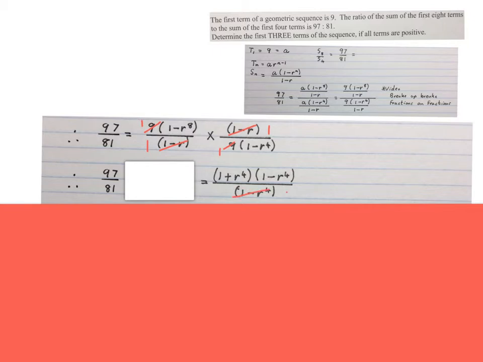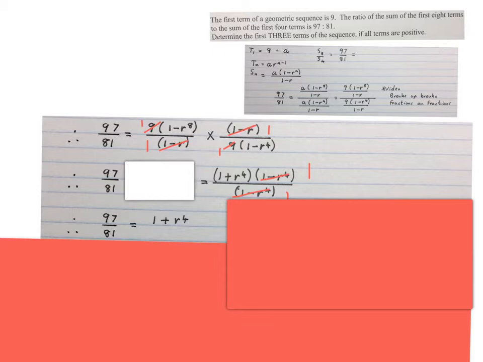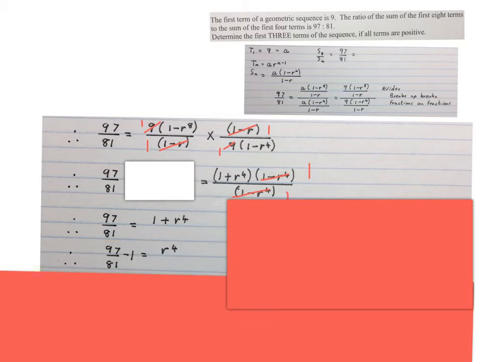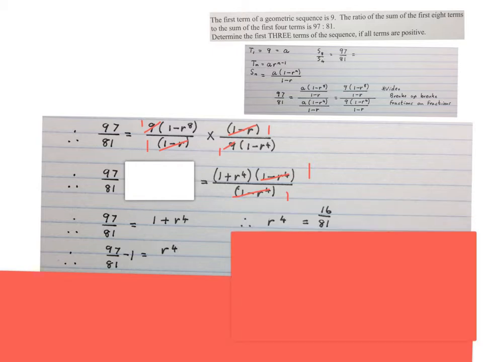This guy goes in here once, and he goes up there once. So after we simplify this part, we'll have 97 over 81 equals 1 plus r to the power of 4. Then we minus 1 on both sides to try and get the r alone. Using your calculator then, you'll get r to the power of 4 equals 16 over 81.